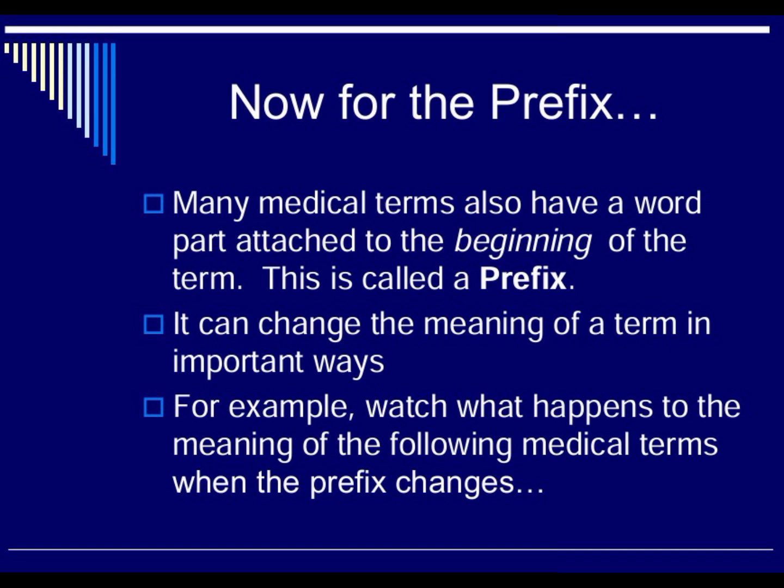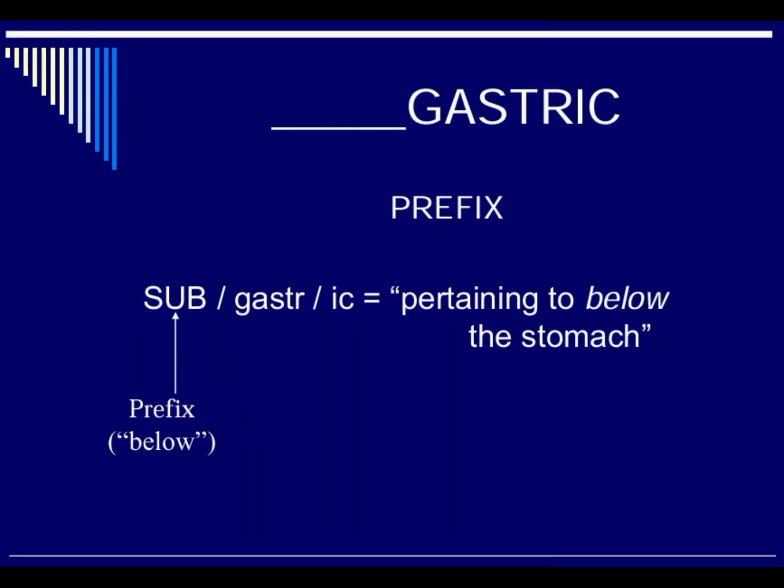Many medical terms also have a word part attached to the beginning of the term. This is called a prefix. It can change the meaning of a term in important ways. For example, watch what happens to the meaning of the following medical term when the prefix changes.